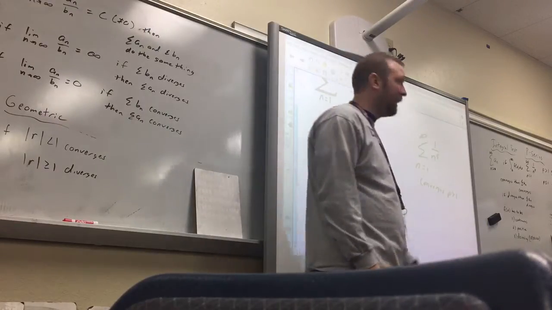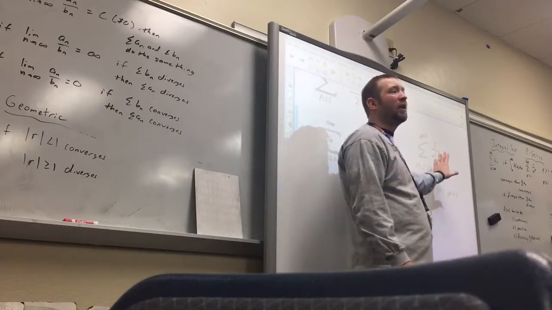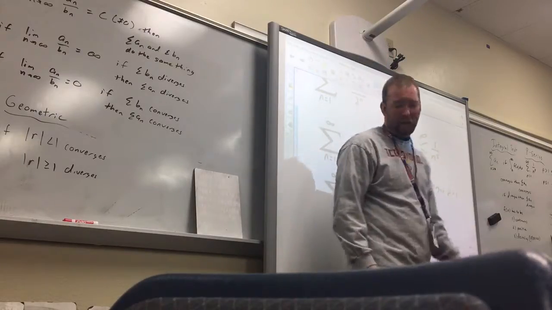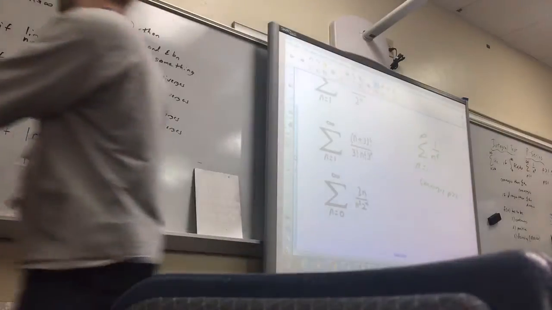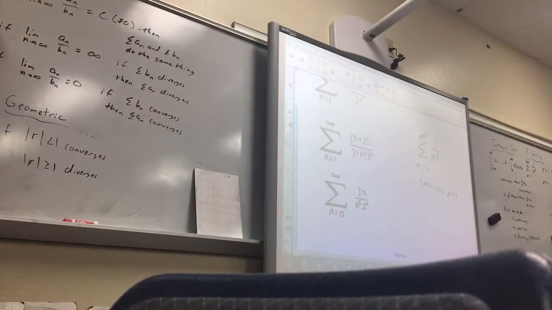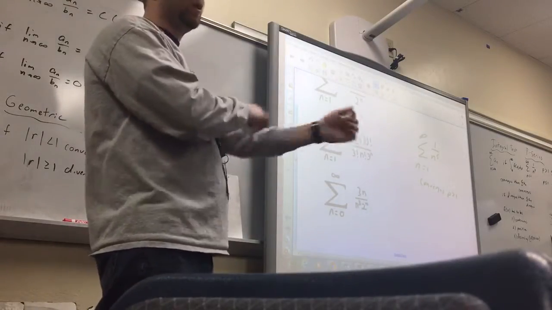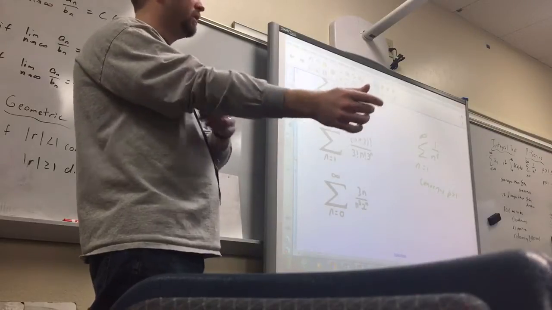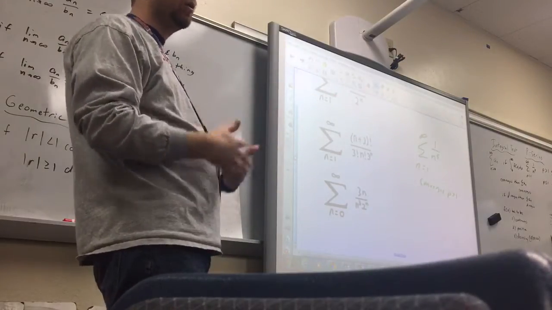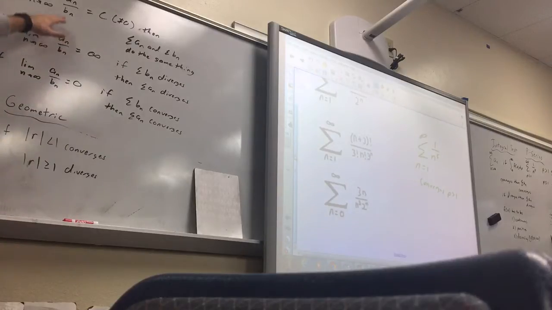But this is typically used in connection with one of these two. That's typically the point of a P series. A P series is really a comparison series. It's a series that I'm going to use as my b sub n. Very often my P series is my b sub n.